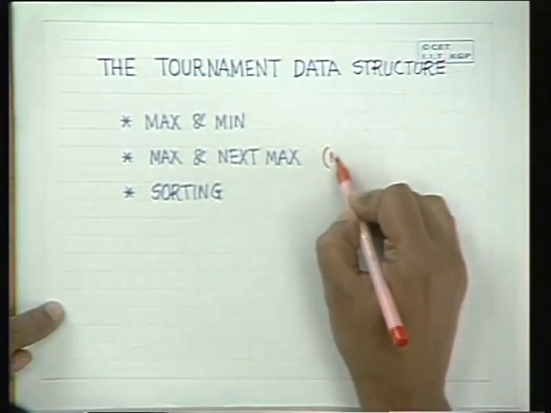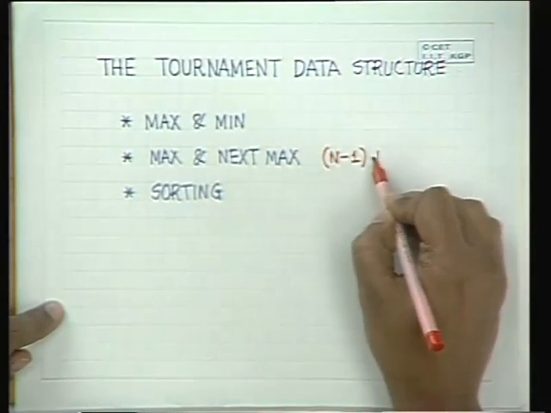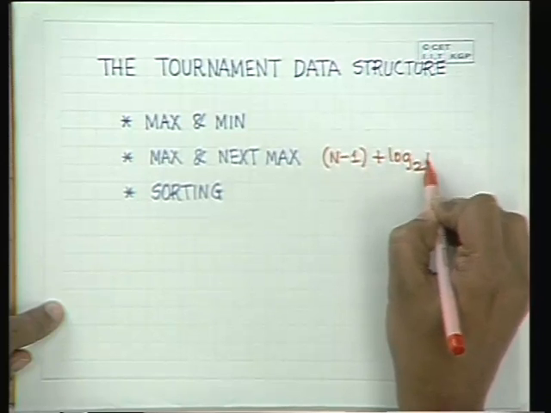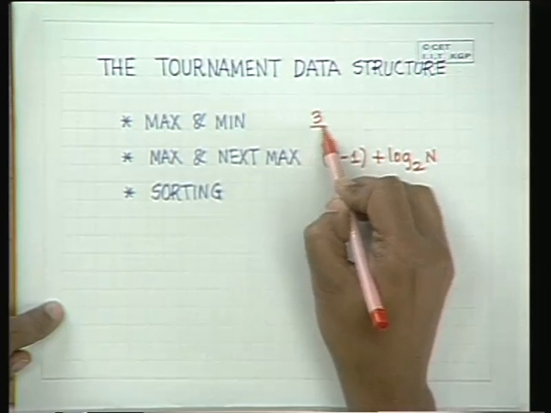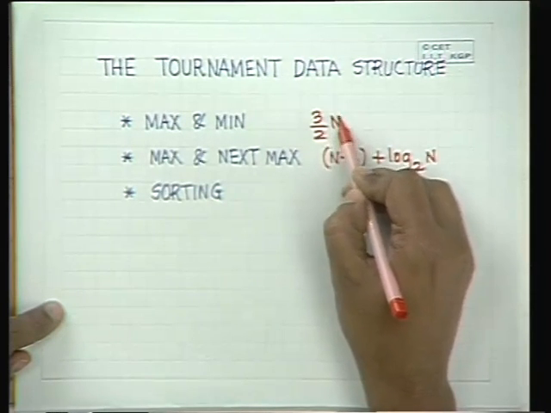So we have seen now how to find out the largest and the second largest element in a much more efficient way in time, which is n minus 1 plus log 2n, and this one we saw it is something like this.